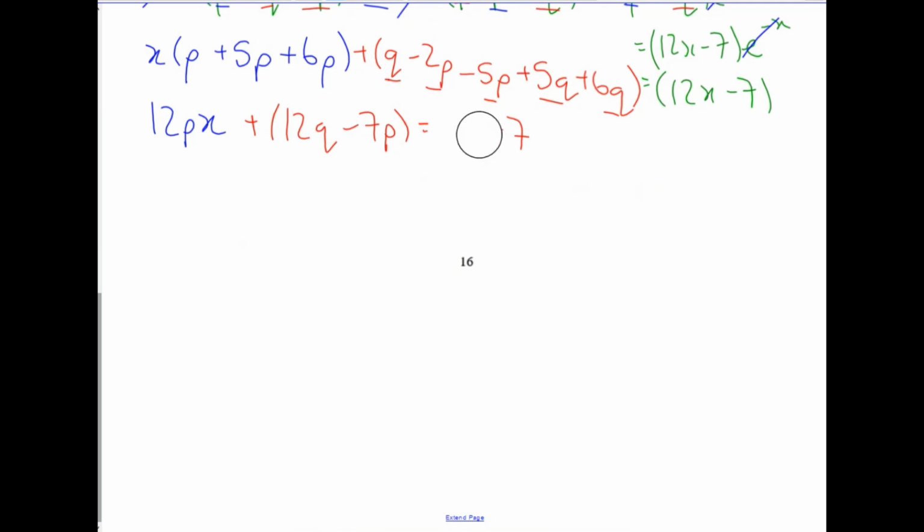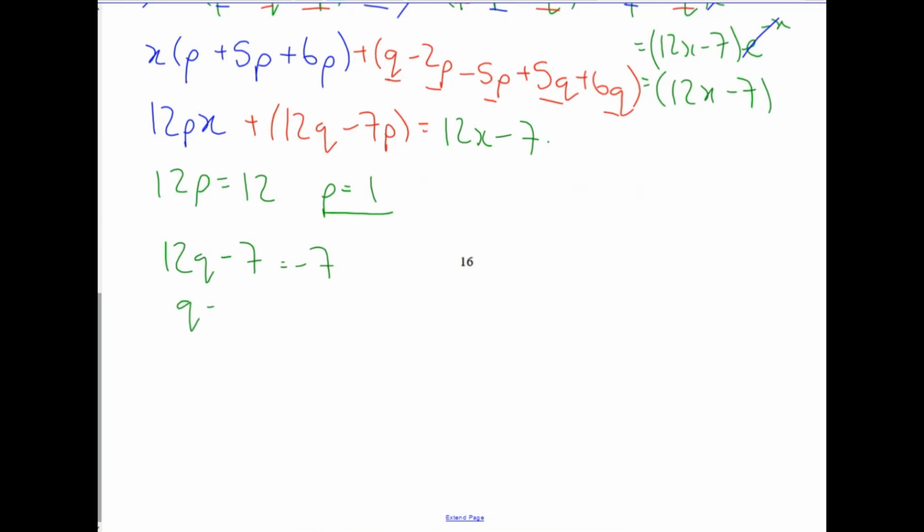Equating the coefficients on these, that tells you that 12p is equal to 12, so p equals 1. And if you stick that in there, you get 12q minus 7 times 1 equals minus 7. The 7's cancel, so that gives you q equals 0.